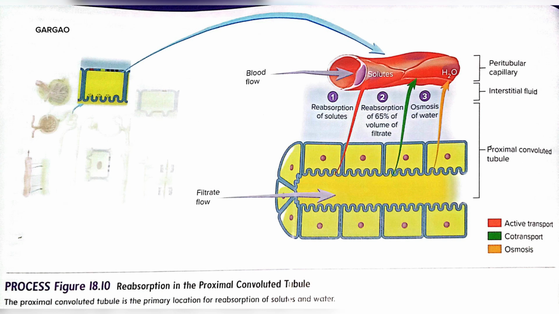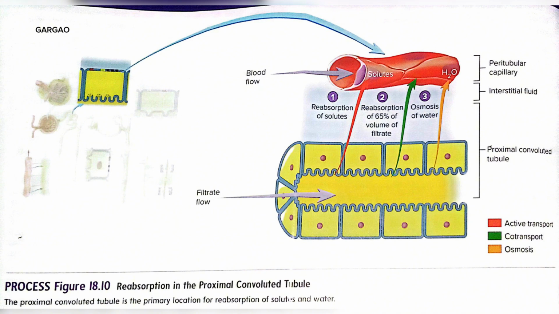This concentration gradient is established by active transport of sodium out of the cells of the proximal convoluted tubule. This movement of sodium into these cells is responsible for the transport of many other solutes from the lumen of the proximal convoluted tubule into the cytoplasm of the tubule cells.